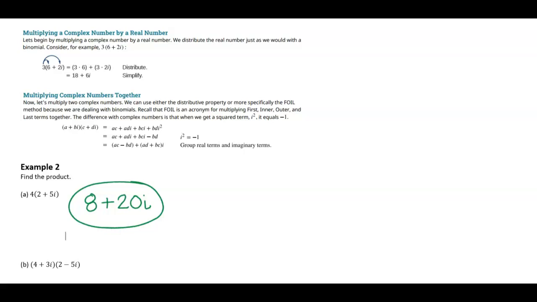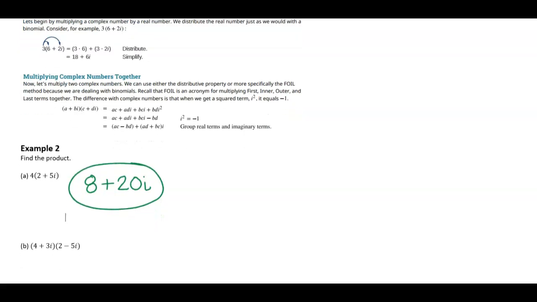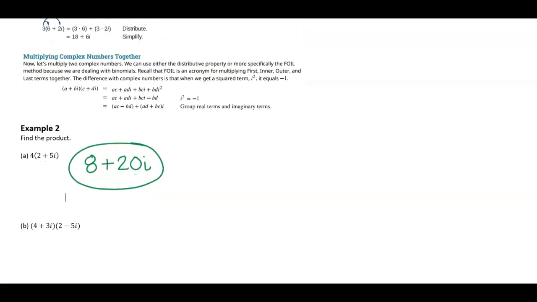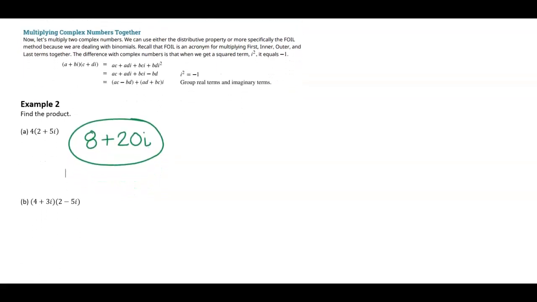If you need to multiply two complex numbers together in which you have imaginary components with each one, you can use FOIL just like you did in algebra or pre-algebra. However, I personally like to use a Punnett square.